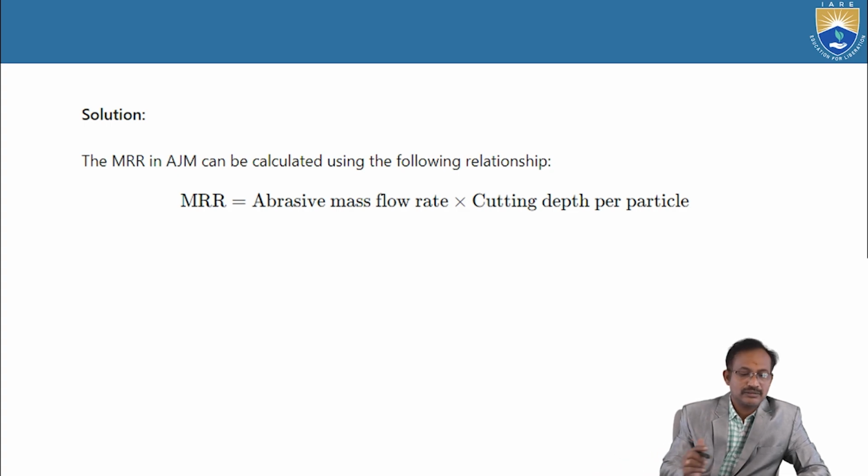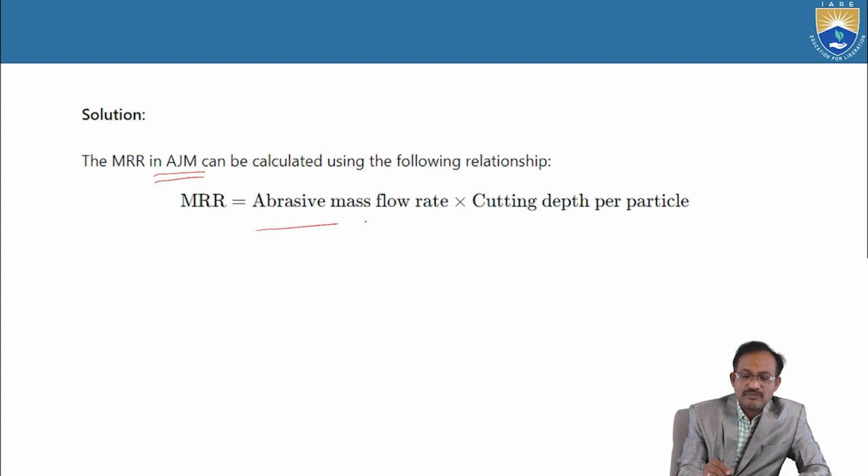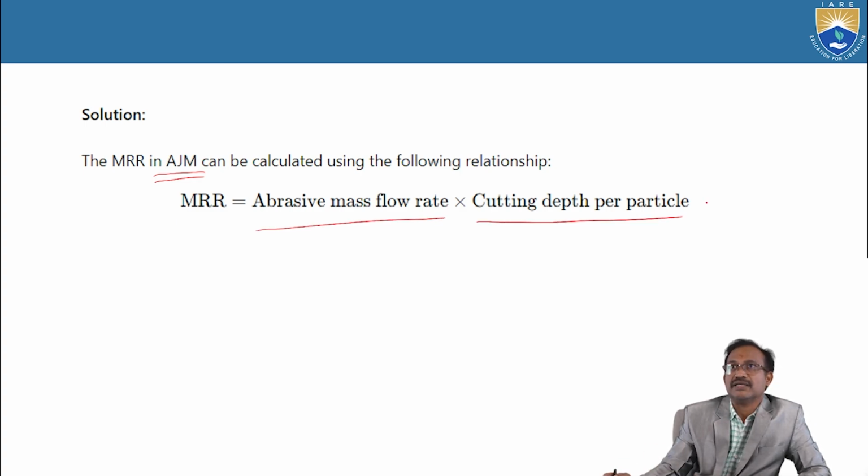The material removal rate in abrasive jet machining, AJM, can be calculated using the following relationship: abrasive mass flow rate multiplied by cutting depth per particle.